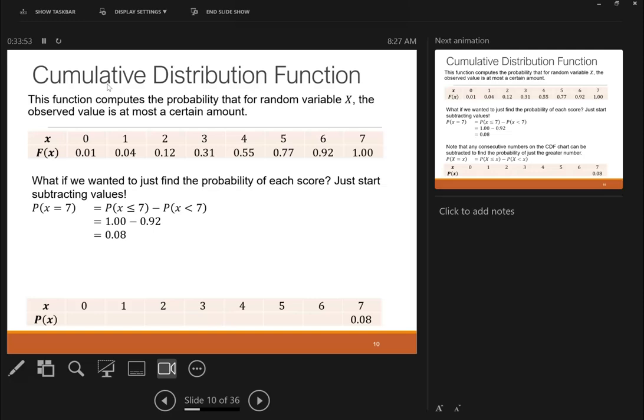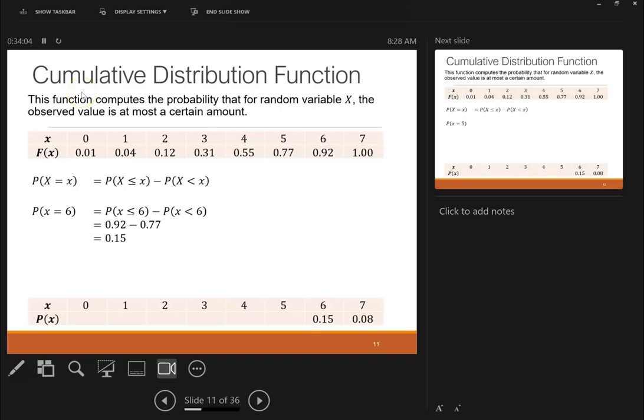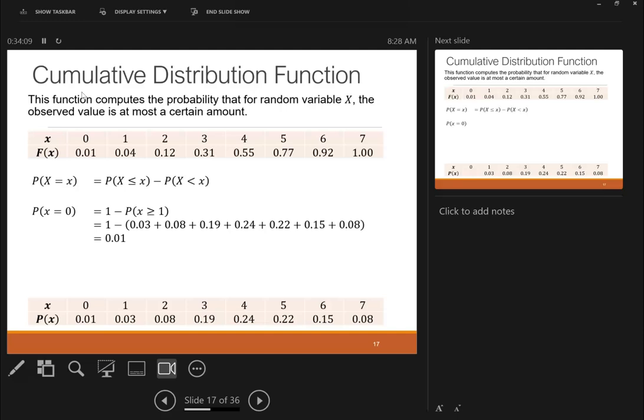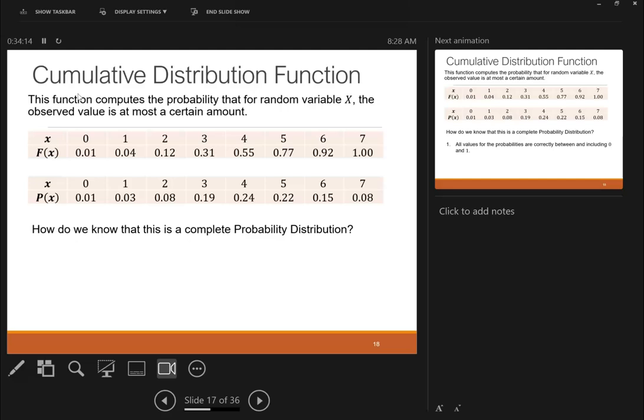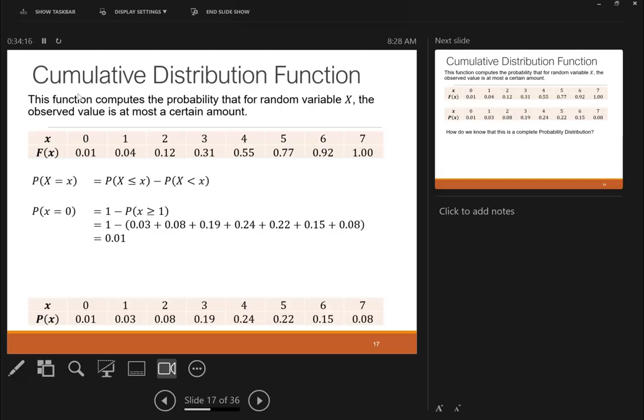And I can continue this process to recover the probability distribution from the CDF. Or if I'm given the probability distribution, I can take that probability distribution and generate the CDF from it, right? So if I started here and I want to get to this, these two added together give me that.